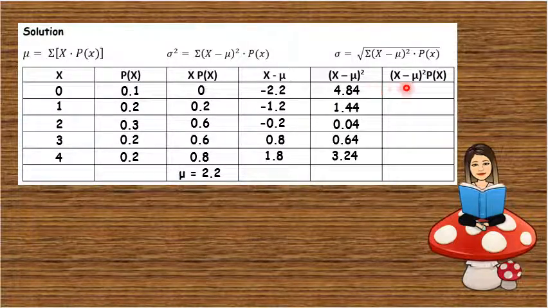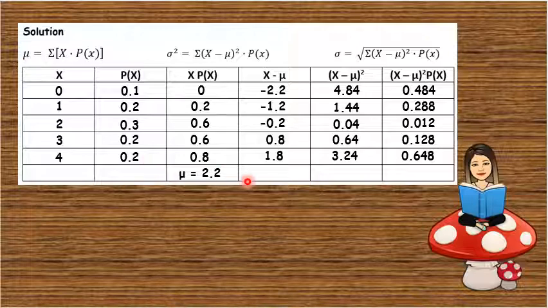So, i-multiply lang natin silang dalawa. 4.84 times 0.1 is 0.484. 1.44 times 0.2 is 0.288. 0.04 times 0.3 is 0.012. 0.64 times 0.2 is 0.128. 3.24 times 0.2 is 0.648.